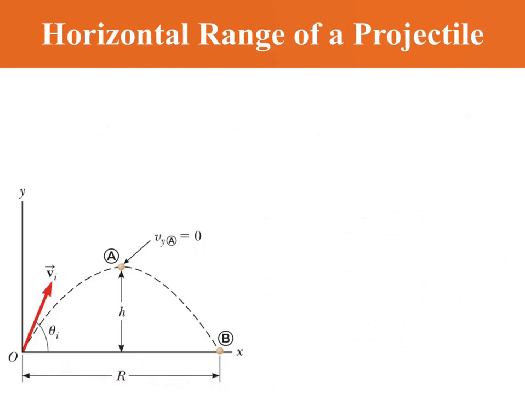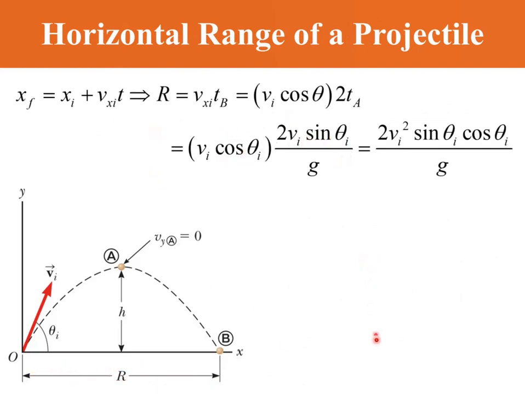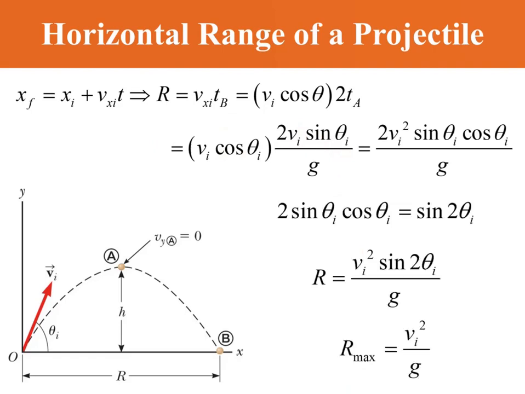Same process, we combine a few of the equations, and then we have this equation of R, where R, the range, the maximum displacement, or maximum x distance, is R equals vi square sine 2 theta over g, or vi square over g.